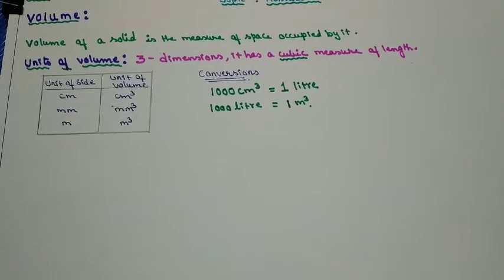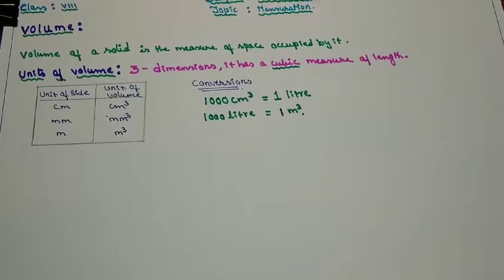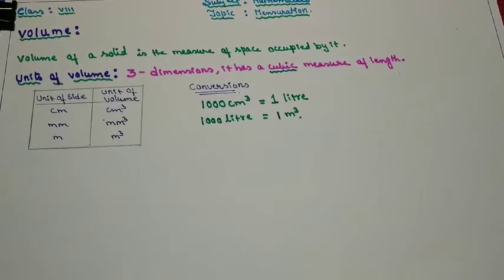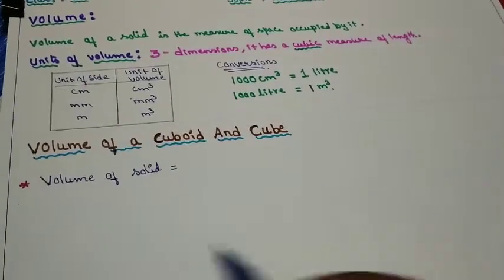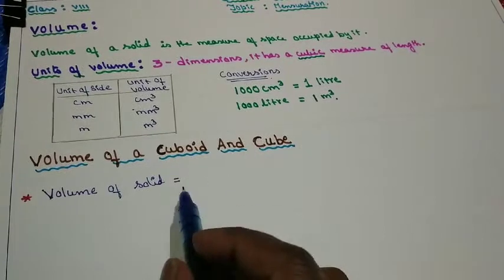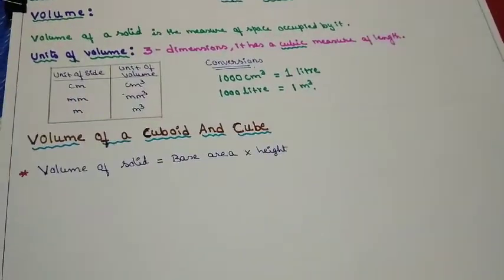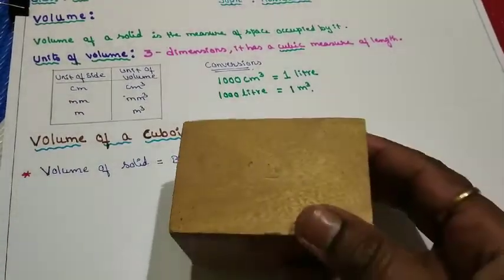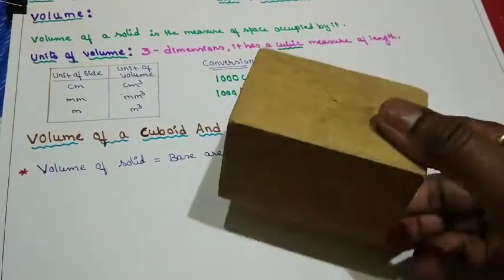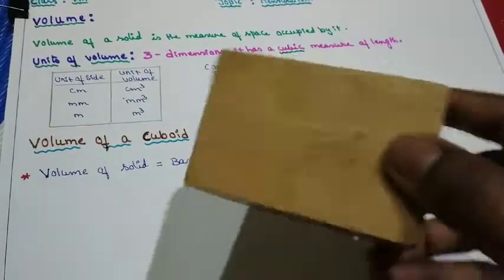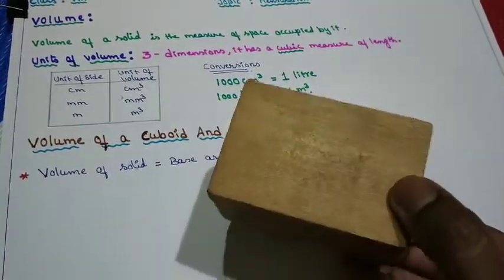Now let us find the formula for the volume of a cube and also a cuboid. Generally we say the volume of a solid is nothing but base area into height. To find the volume of a cuboid, we know that the cuboid is made up of rectangles in all the faces.